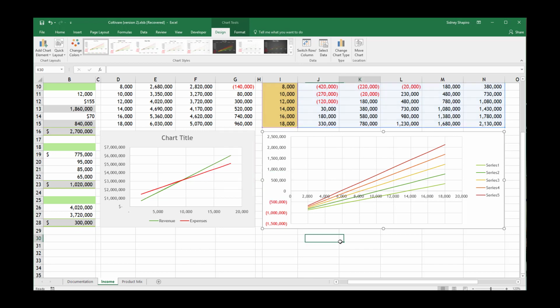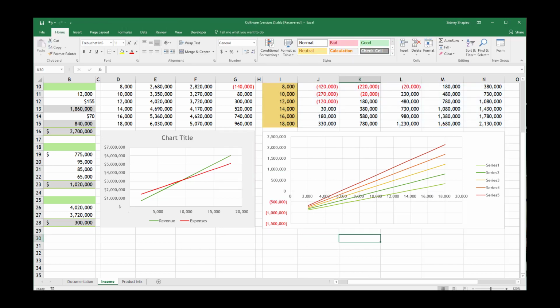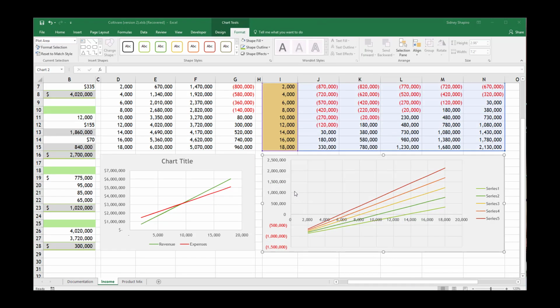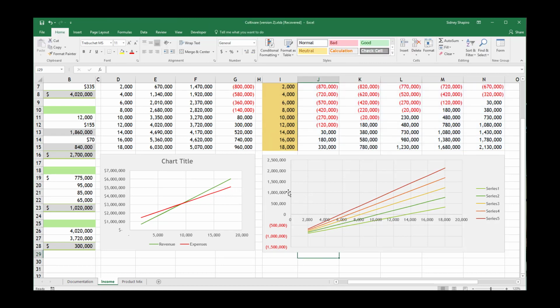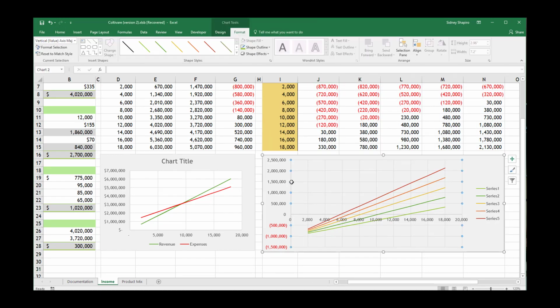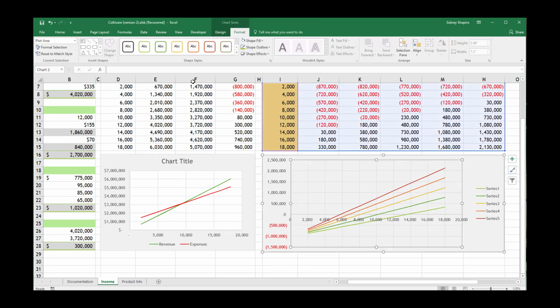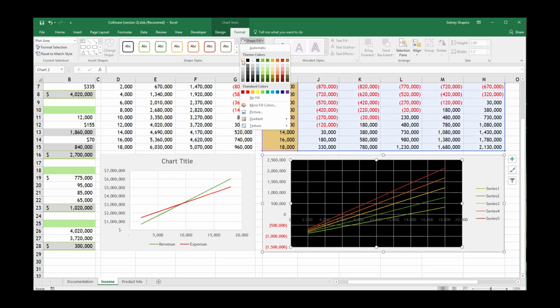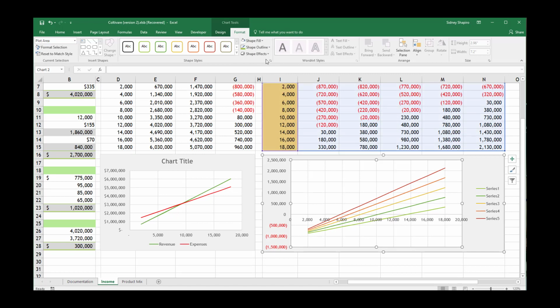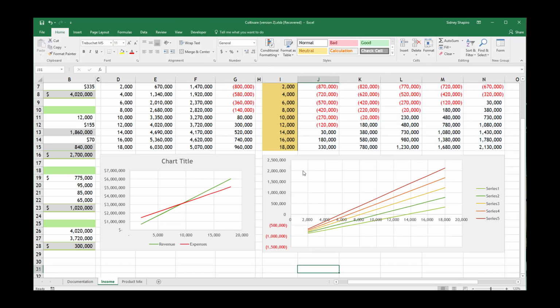There we go. And we'll fill this with white. So now we have exactly the same kind of chart.